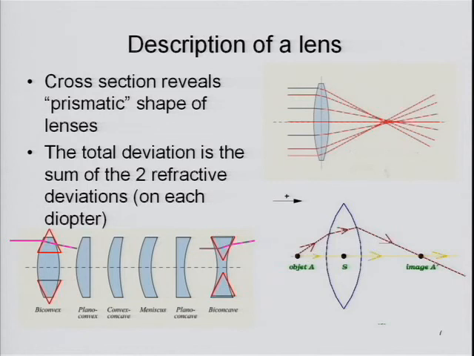And so a ray coming from an object will be deviated or refracted on the first diopter, which is the first surface of the lens, and then again refracted on the second surface of the lens. And if we're lucky, these two rays will intersect and we will be able to see an image.